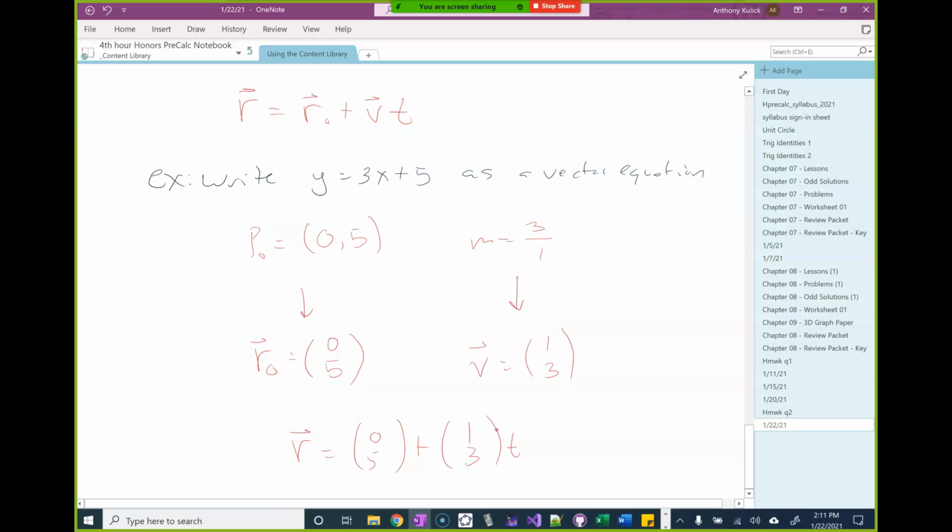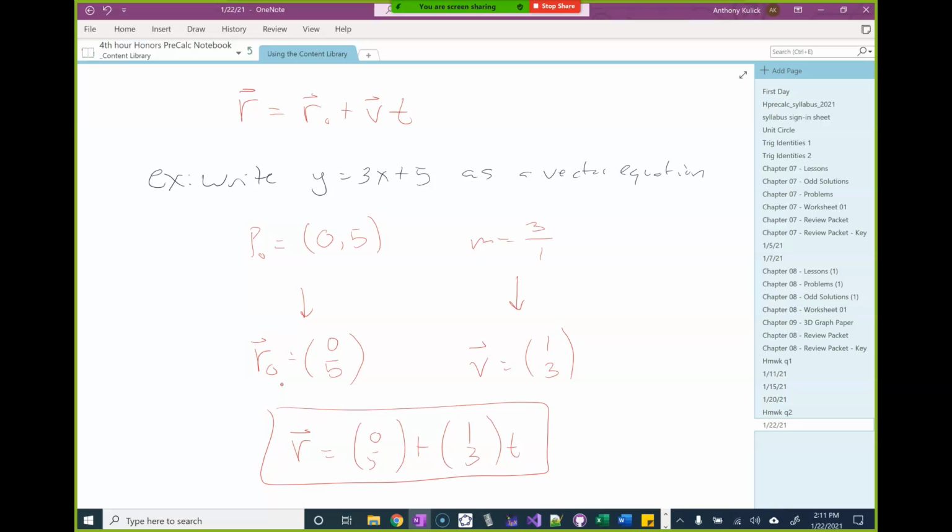Keep in mind that if you picked a different point, 0, 5 could be something different, like what? 1, 8 is another point on that line. So you could have had 1, 8, but the direction vector should stay the same. Or at least be a scalar multiple of the direction vector. Like if you wrote the direction vector as 2, 6, that would still be okay.